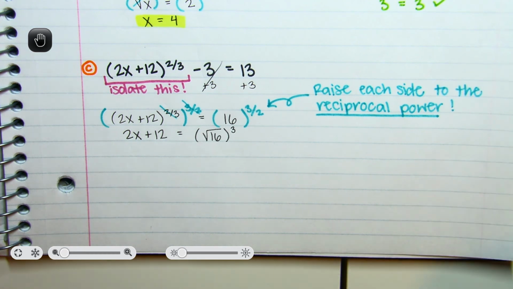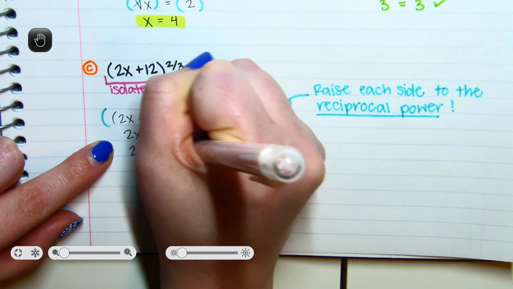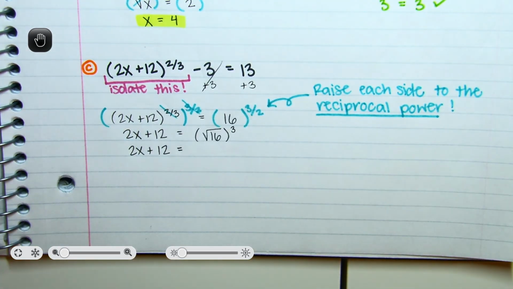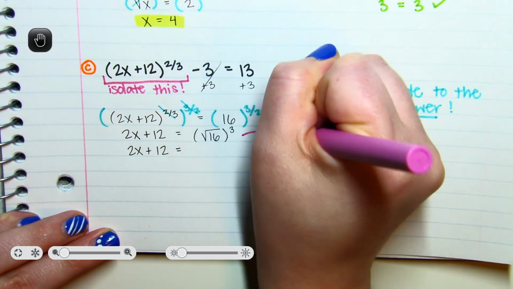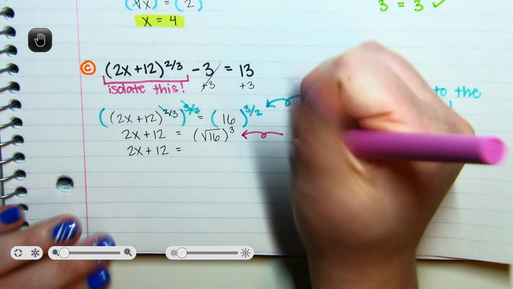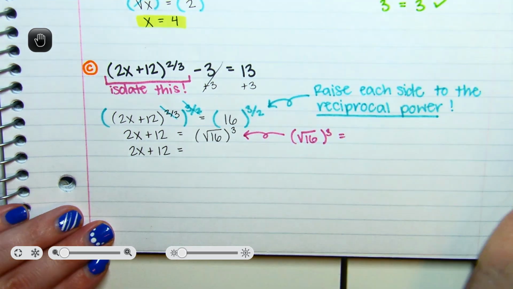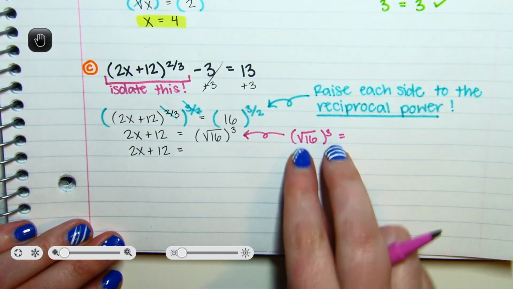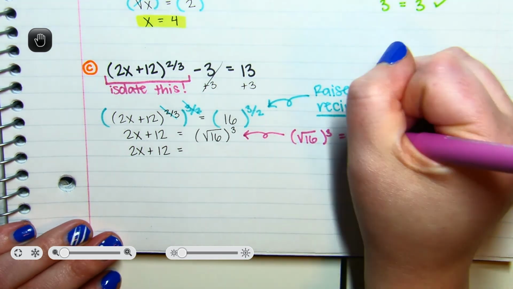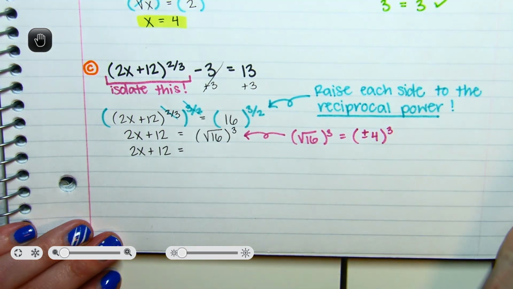All right, so now we need to finish simplifying this. So 2x plus 12 equals, now I'm going to do this work over here off to the side. The square root of 16, just because I'm running out of space on my paper. The square root of 16, remember when we do these things, we have to write this as plus or minus 4, and that's raised to the 3rd power.